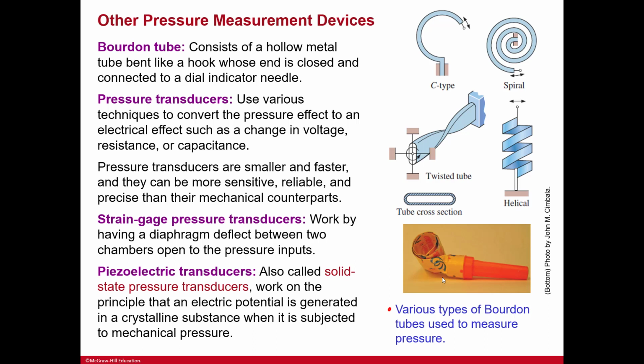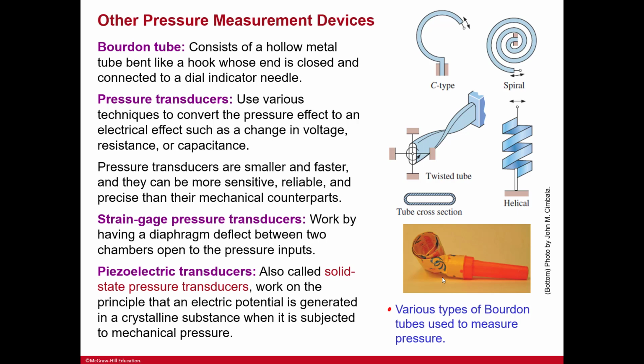The piezoelectric transducers, also called solid state pressure transducers, work on the principle that an electric potential is generated in a crystalline substance when it is subject to mechanical pressure. So these are pressure gauges that you are able to embed in a material and then do a compression test on, and it will measure it from the inside.